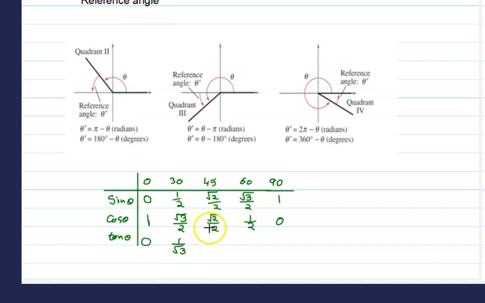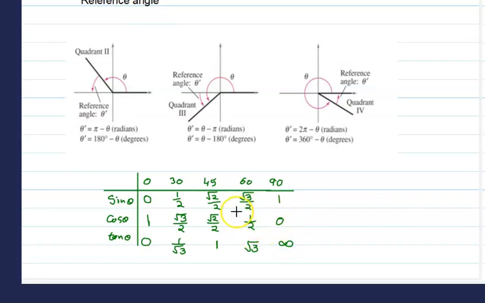For 45, both values are the same. They cancel each other and we are left with 1. For 60, square root 3 over 2 divided by 1 half gives you square root 3. And for 90, we know that 1 over 0 is undefined. So this value remains undefined, or we can write it as infinity.